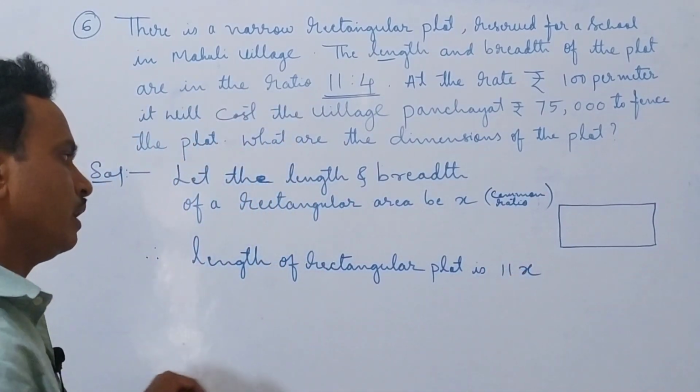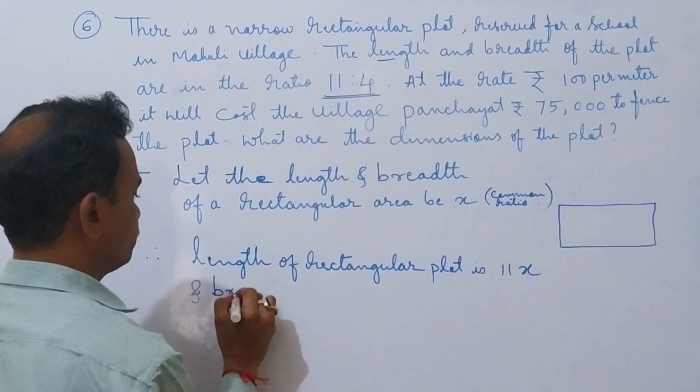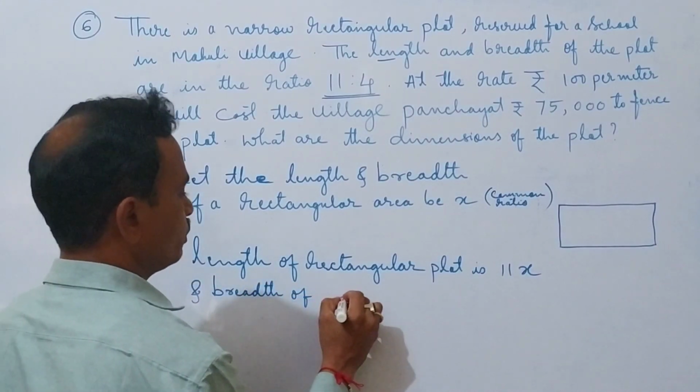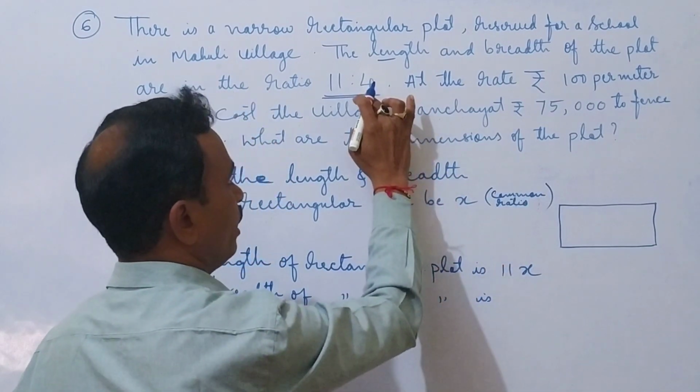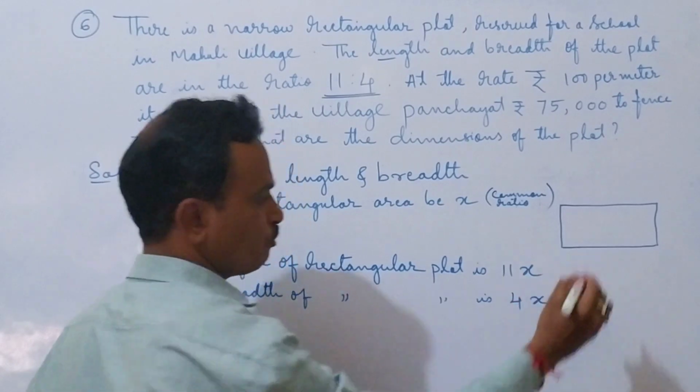Then the breadth of the rectangular plot is, second, 4, so we should take 4x.